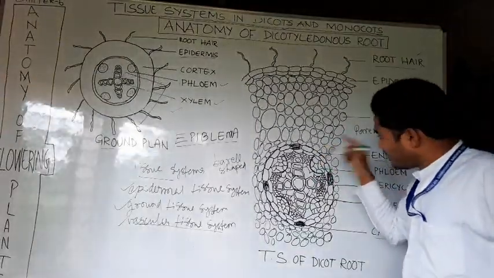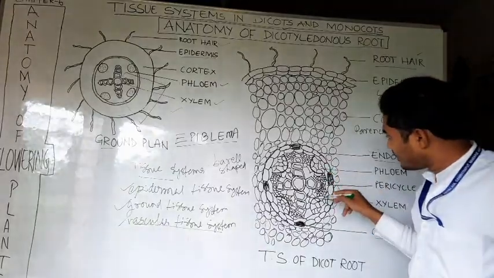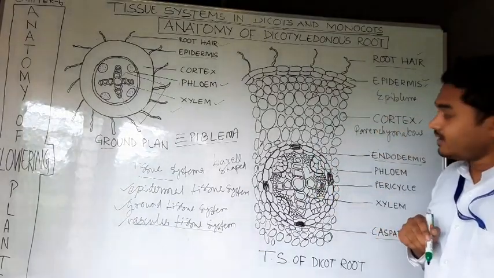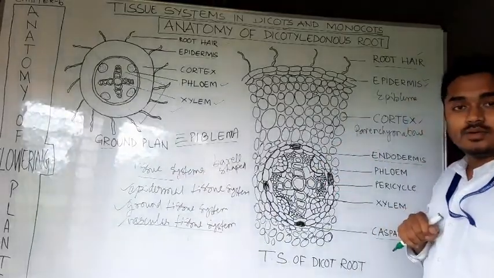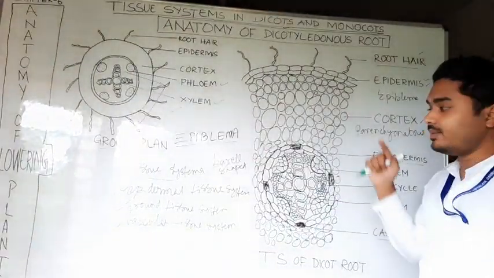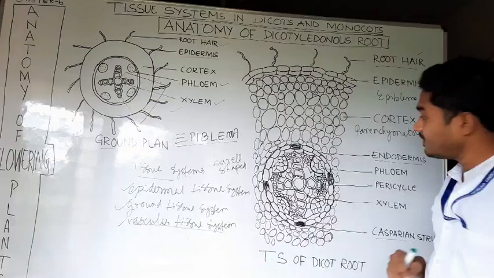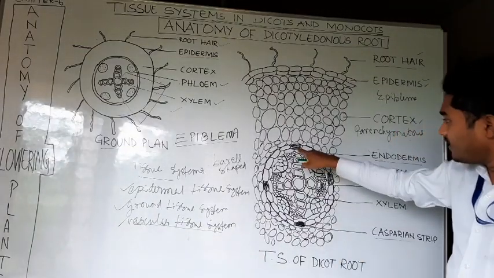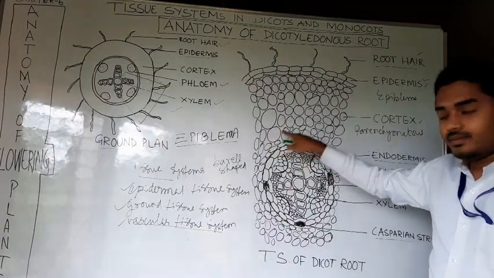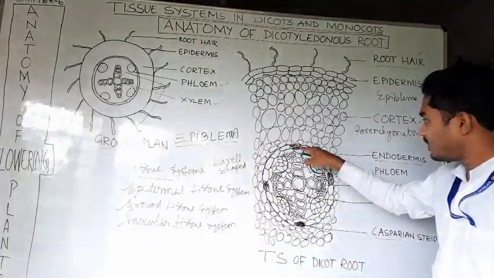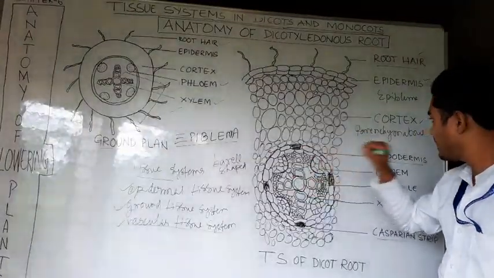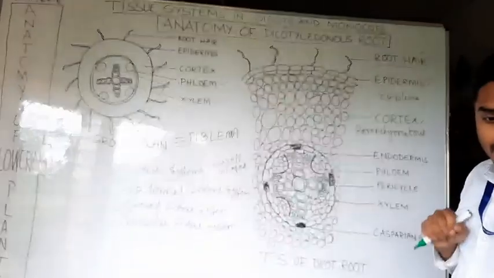But we know that the vascular bundles are present beyond the endodermis. Then how is this water transported by the xylem? That we will discuss in some other chapters. So they are water impermeable structures found in the endodermis.